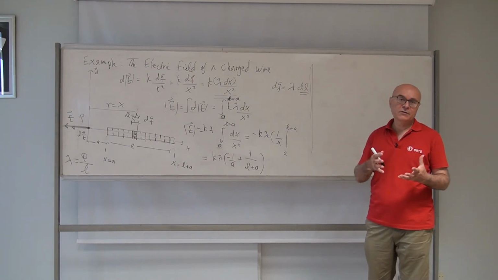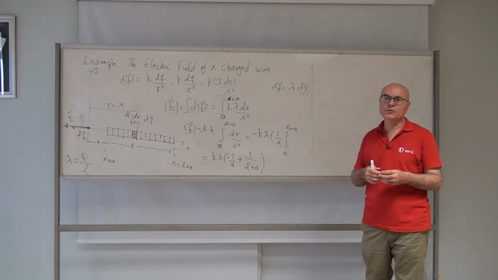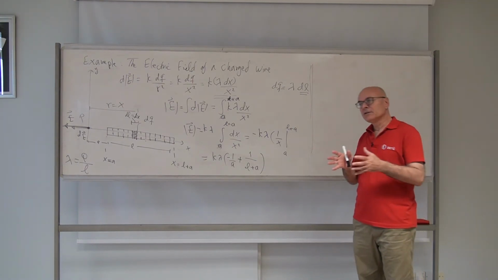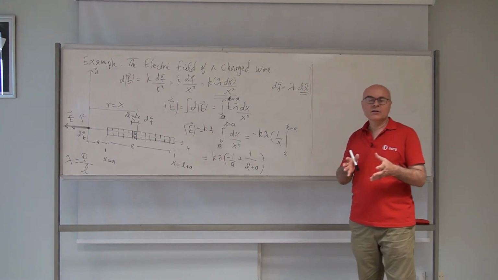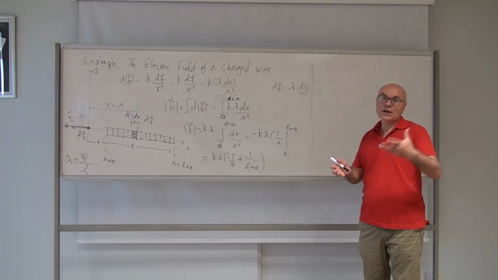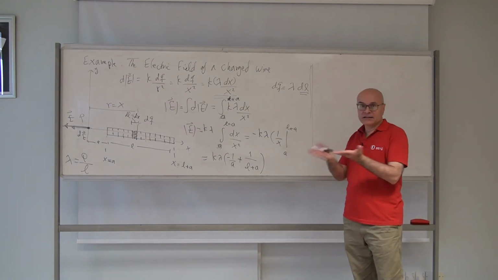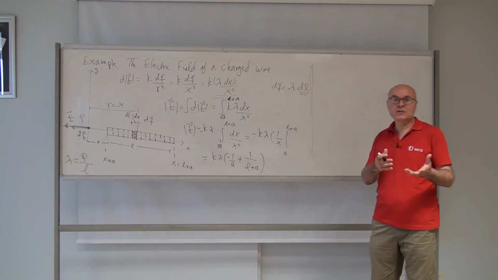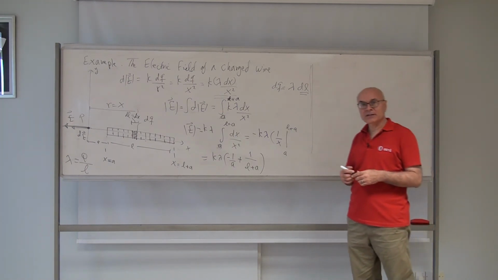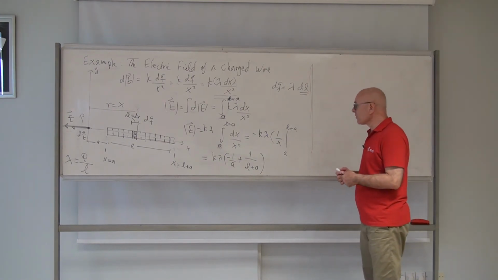Another approach to finalizing things is to investigate your expression in a given limit where you know what it should look like, and then see whether it really reduces to the expression that you expect in that limit. So we start with checking first that things are correct.